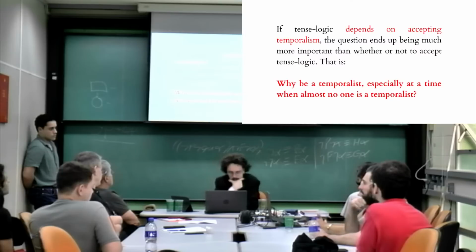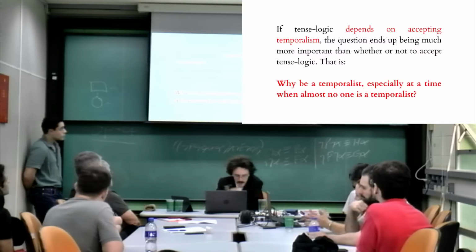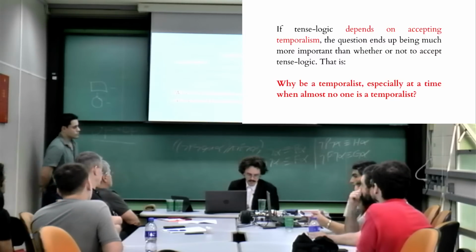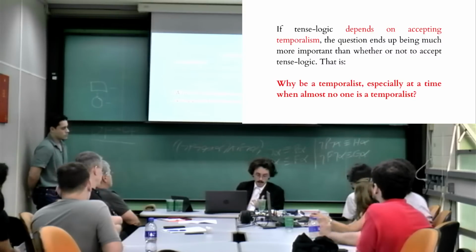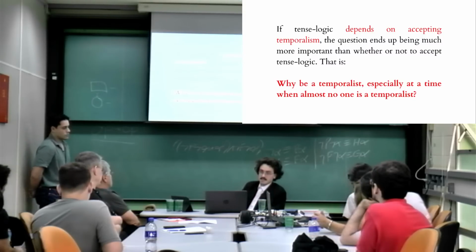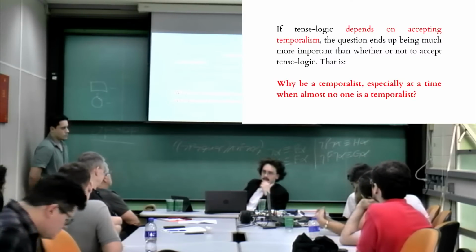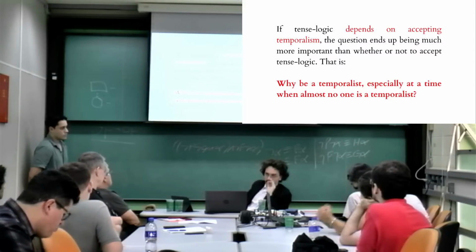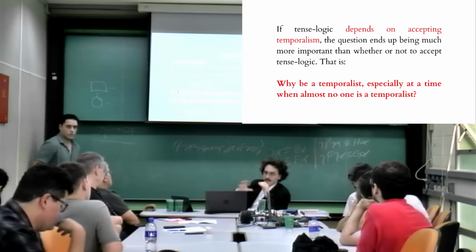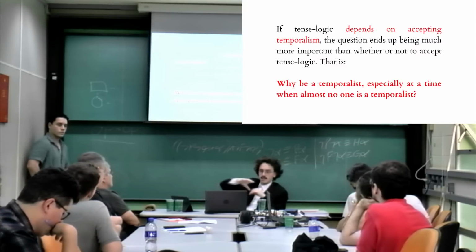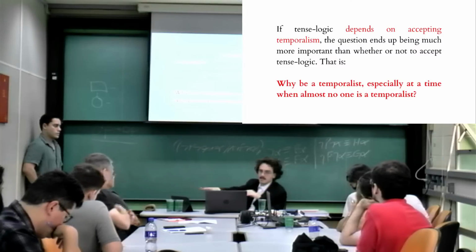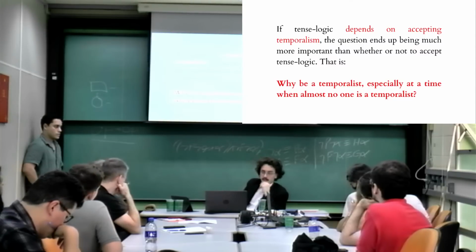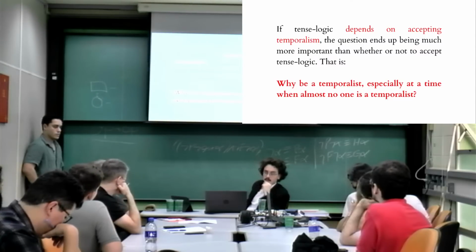And well, they differ. They accept the contemporary logics, but they differ on the point of whether to accept a temporal proposition or not. It's the only difference between eternalists and temporalists. That's why I said that temporalists broaden the scope of logic.